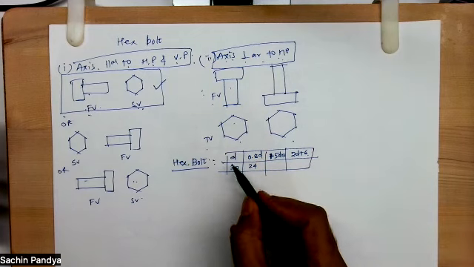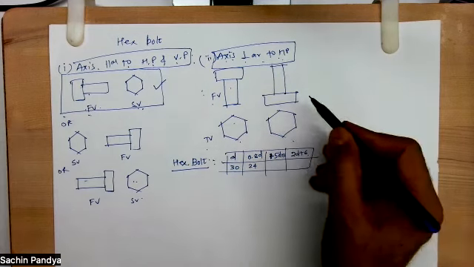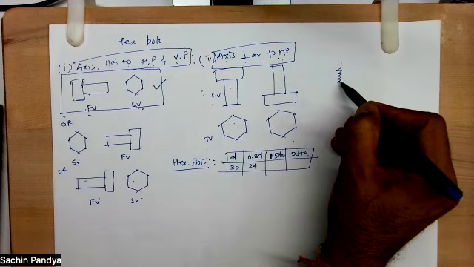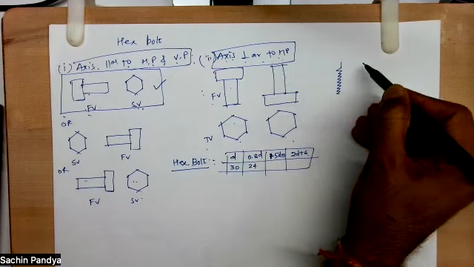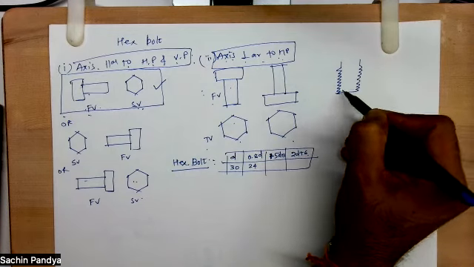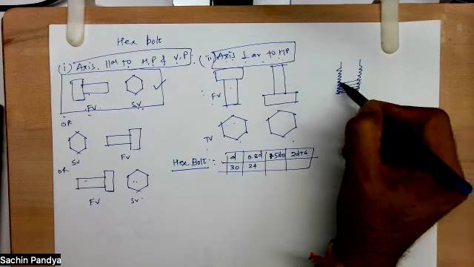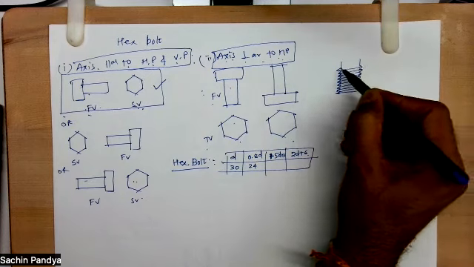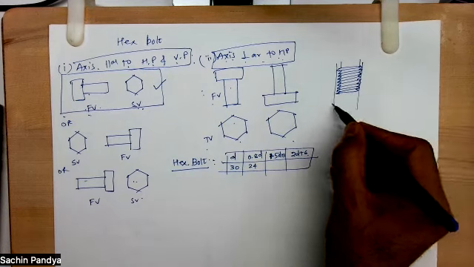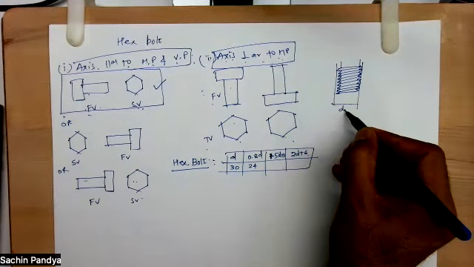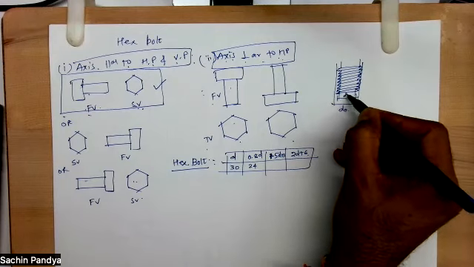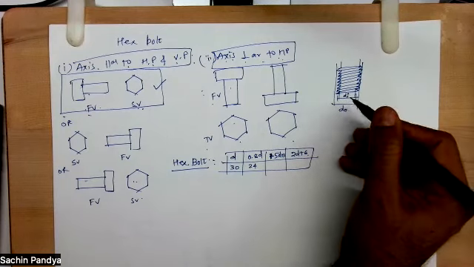Now what is this? See, D is diameter. Now when you draw threads, it is like this. See, this way it is. So in this there are two diameters. One is the external diameter, which is DO, and one is the inside diameter, which is DI, right?